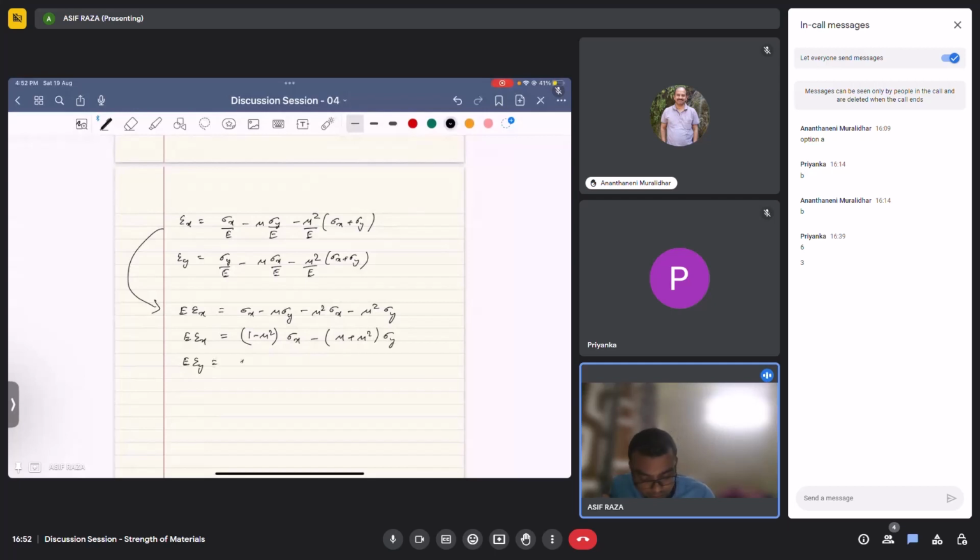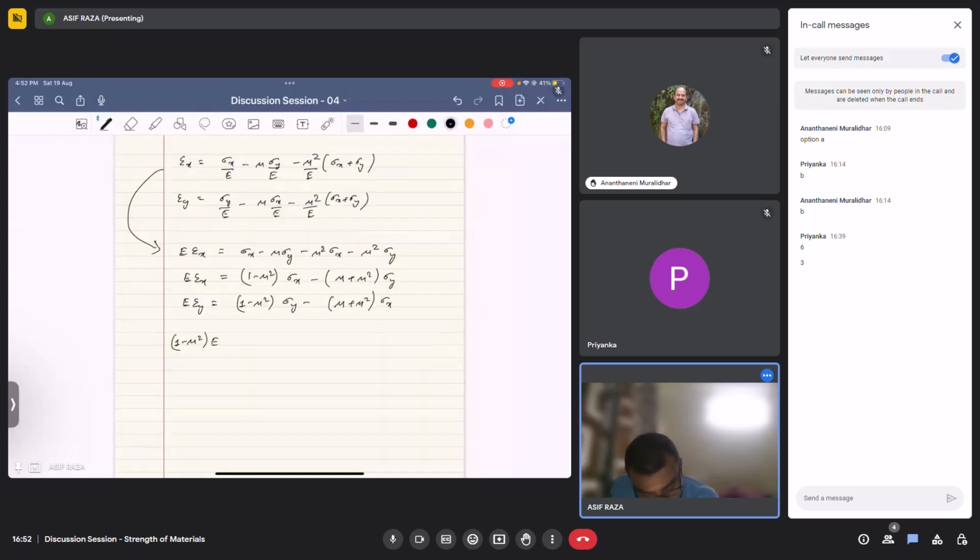Solving this, how to proceed? So multiply by 1 minus mu square E epsilon x and mu plus mu square E epsilon y.